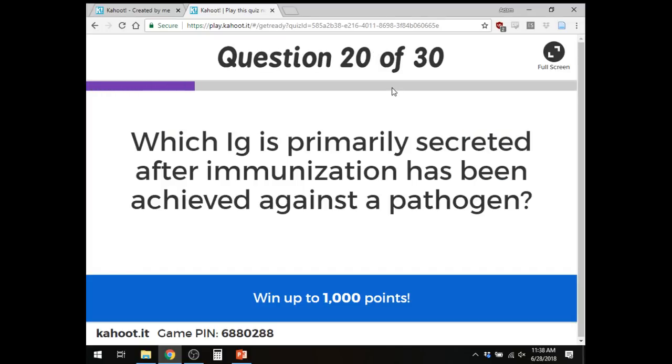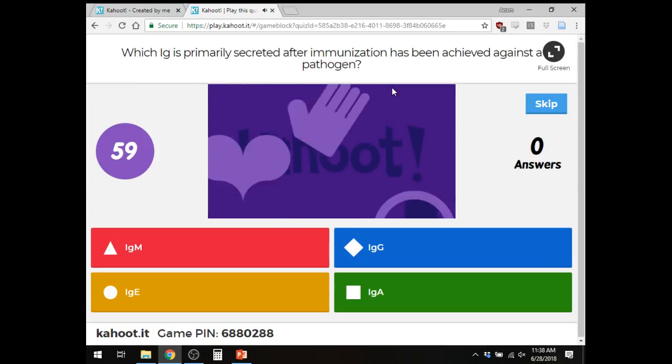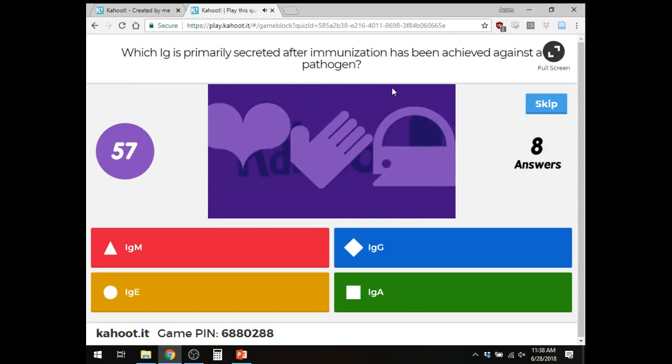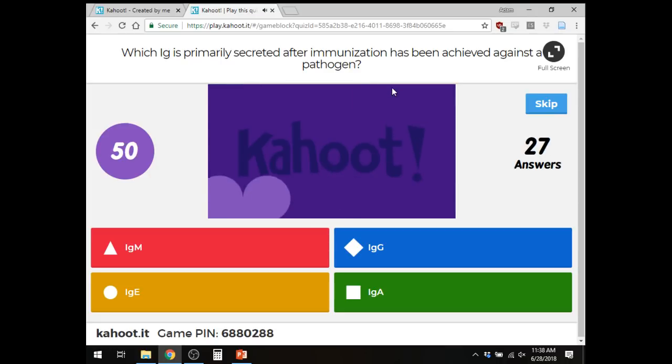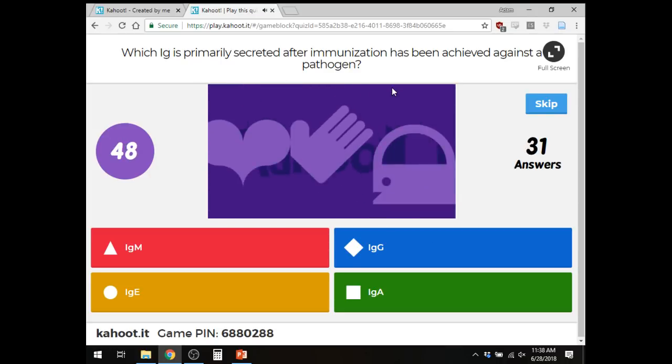Which Ig or immune globulin is primarily secreted after immunization has been achieved against a pathogen? So we're already immune. What are we starting to secrete now? What cells are secreting these? Remember those plasma cells of B lymphocytes?